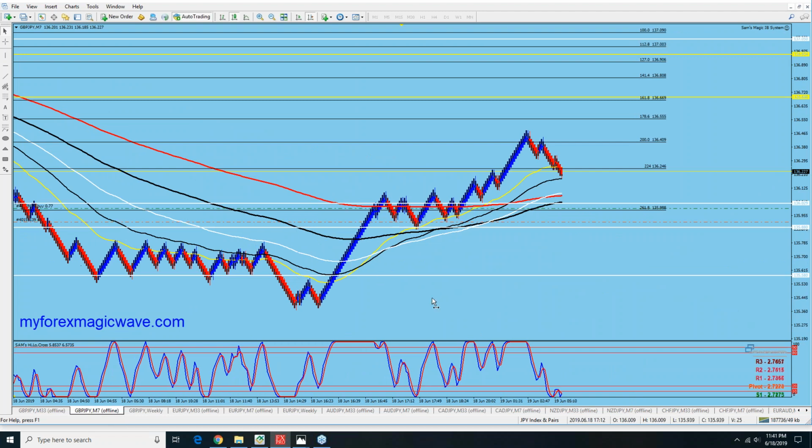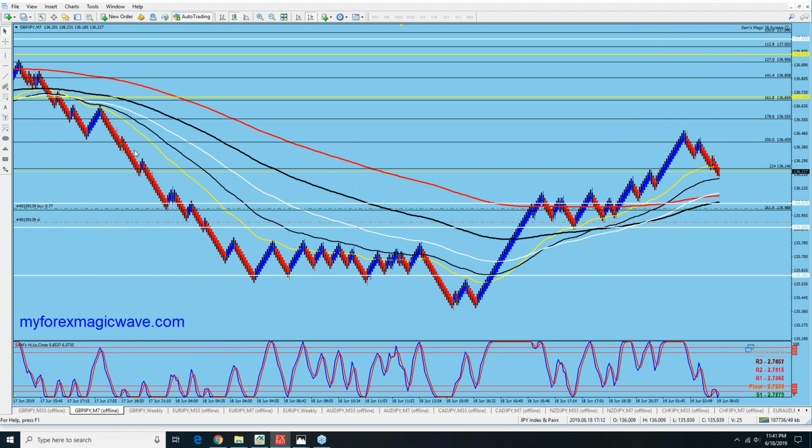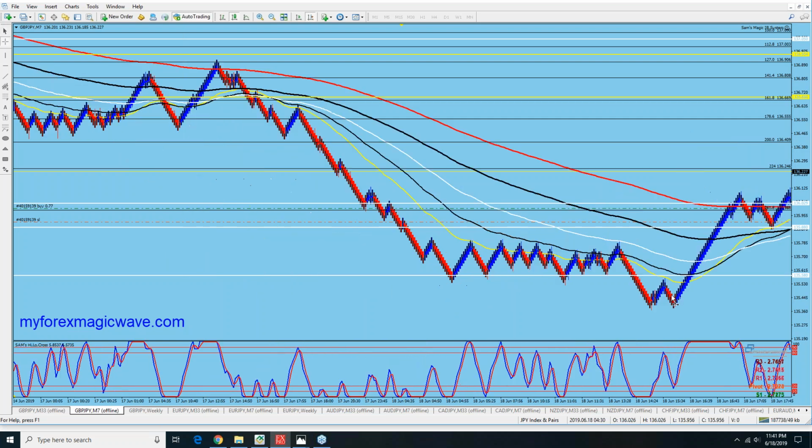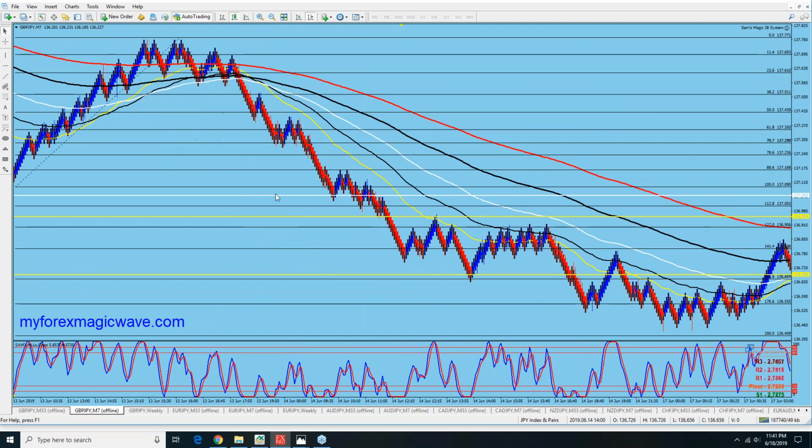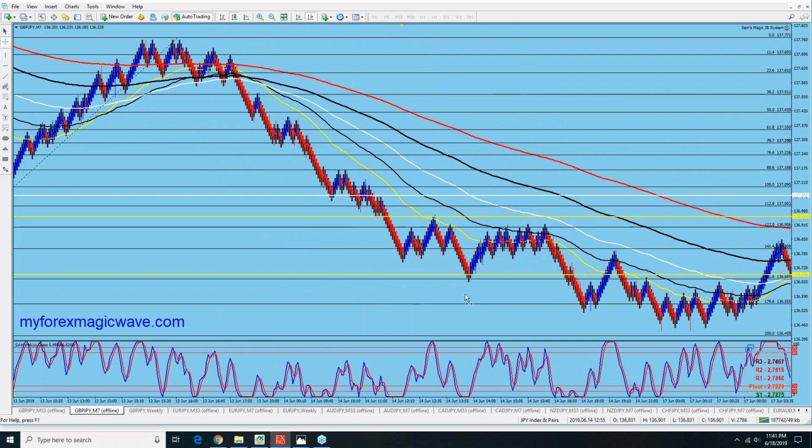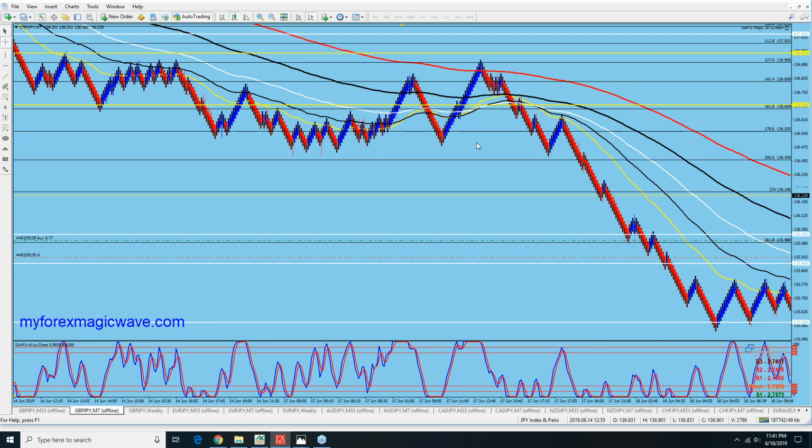In that time you can see that it was not an entry at all. It was the 14th, which is way up here, right there. So basically it was all bearish completely.